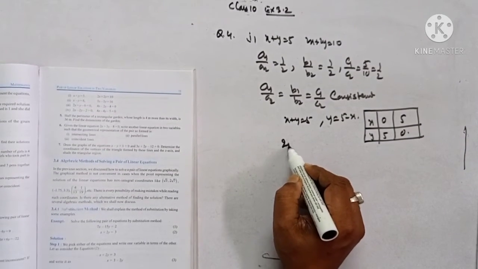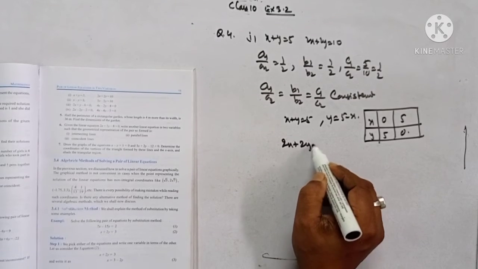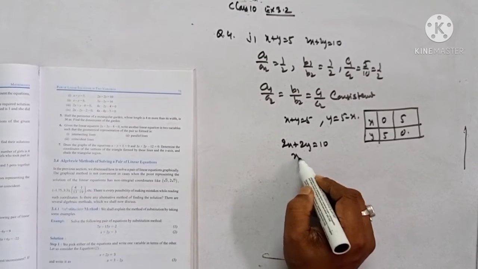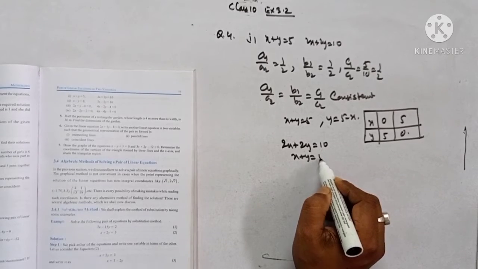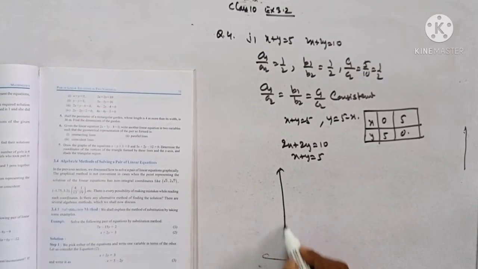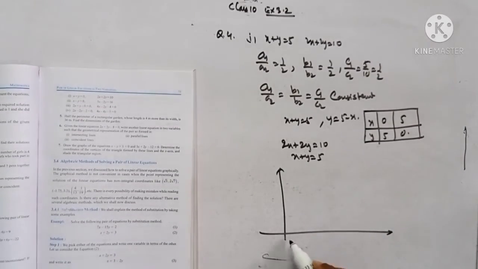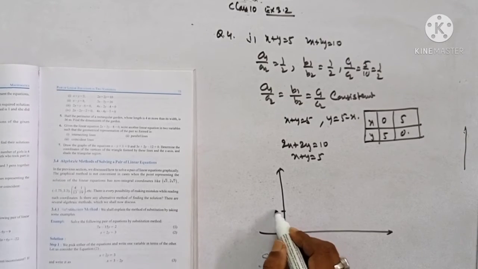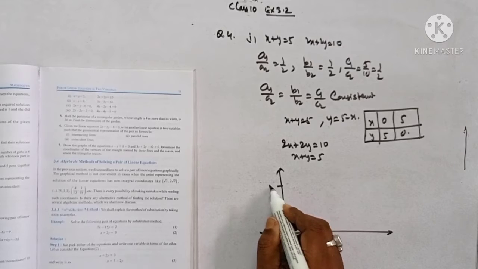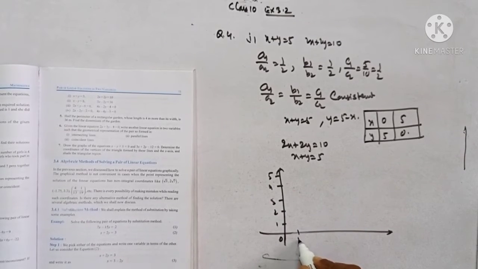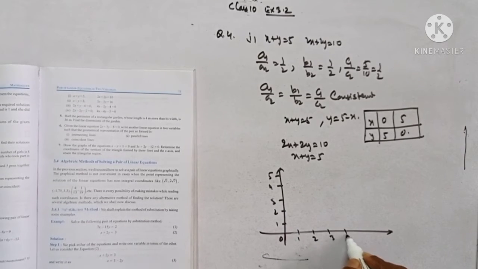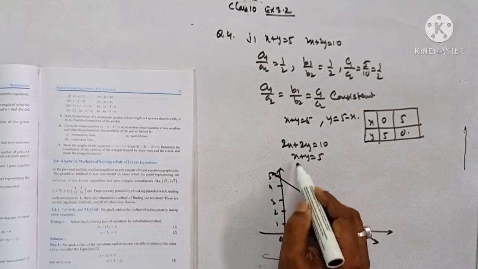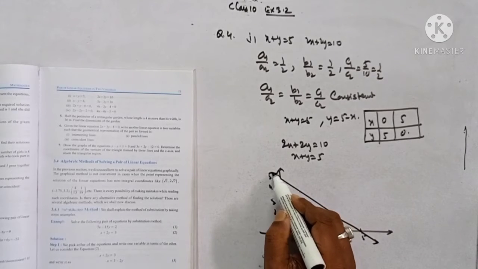And for this, 2x plus 2y is equal to 10. Here again x plus y is equal to 5. Same graph, so they will be the same graph. So here you can see 0, 1, 2, 3, 4, 5, same graph, and for this also it will be the same graph.